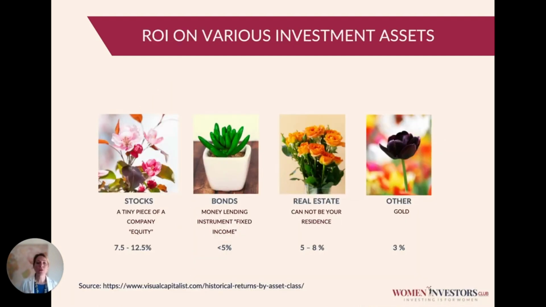Return on various investment assets statistically is this. Stocks give us around 10% annual return long term. If invested long term, 20 years, above 10 years, we can expect 10% return on stocks.